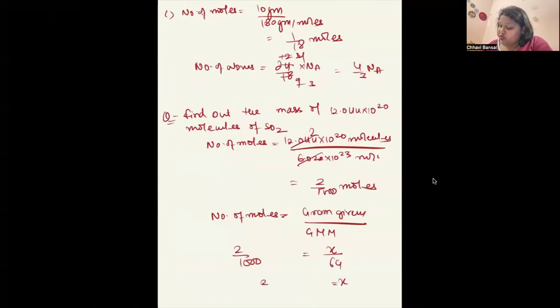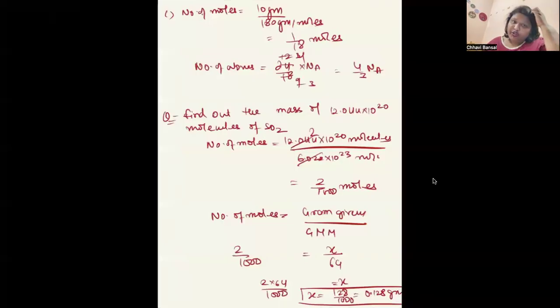So X comes 2 into 64 by 1000, which is equal to 128 by 1000, which is equal to 0.128 grams. Means if there are 0.128 grams of SO2, then the number of molecules of SO2 present in it will be 12.044 into 10 raised to 20 molecules. Okay, so this is the other way of solving the similar type of question.